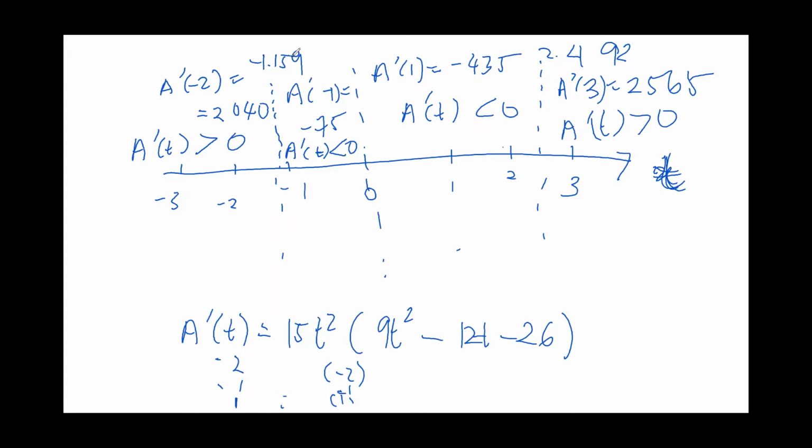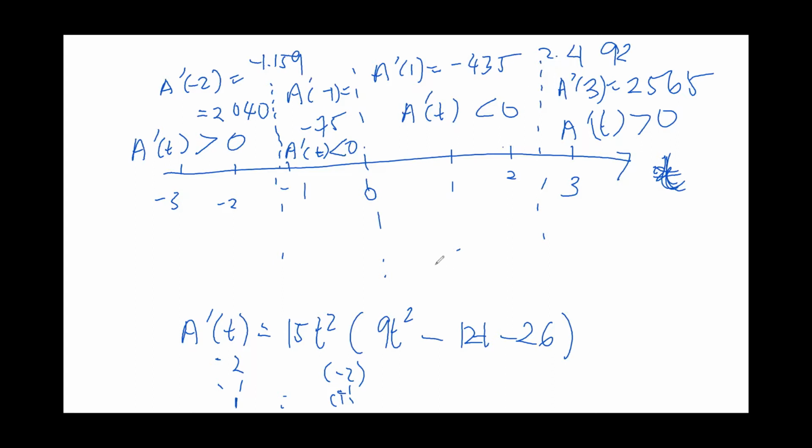And if you put from 0 to 2.492, the function is decreasing. And if you put any value after 2.492, the point is not changing, you get increasing values. So here, you can say that.